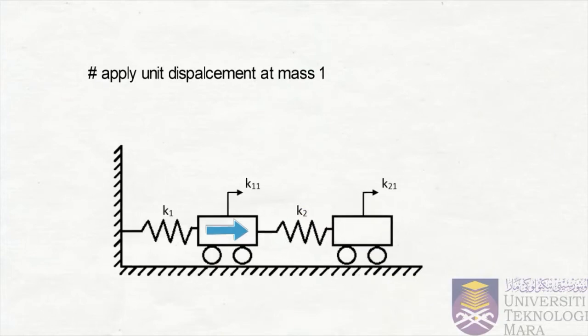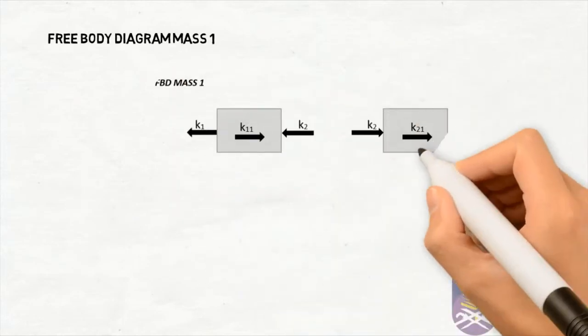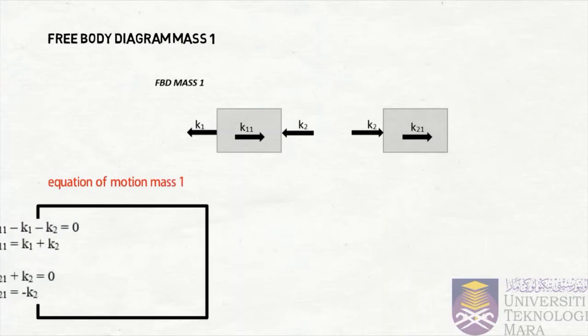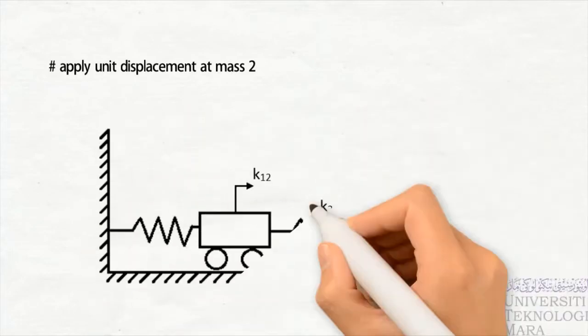This is the free body diagram for mass 1. From the free body diagram, we can get the equation of motion. Then, apply unit displacement at mass 2.